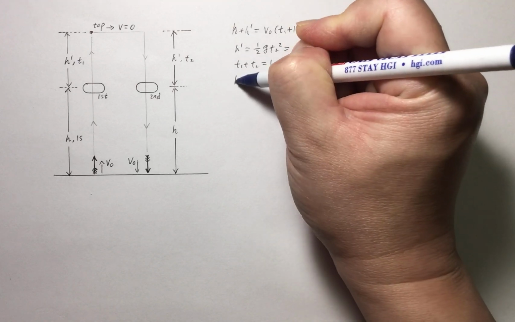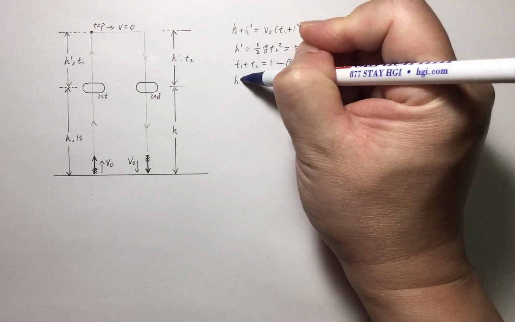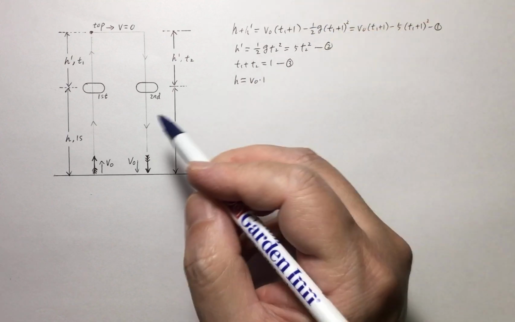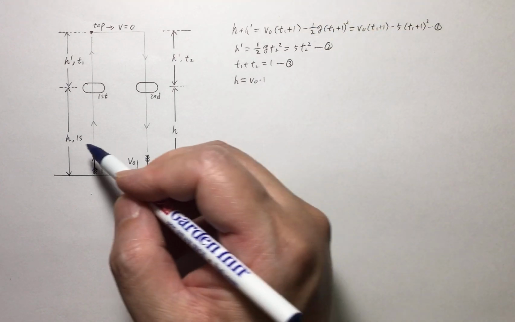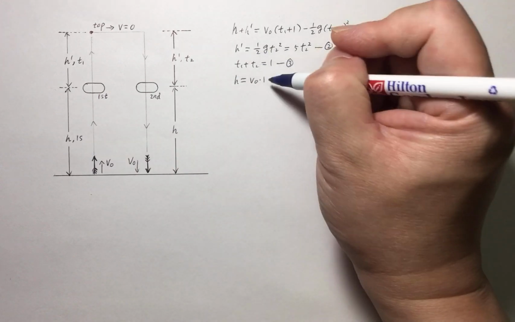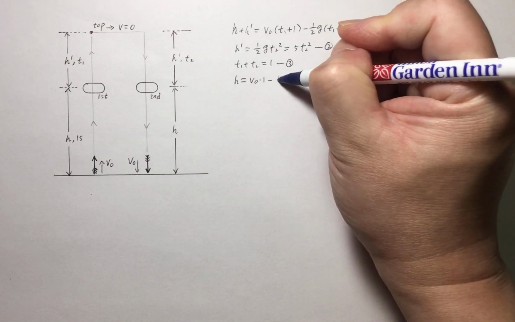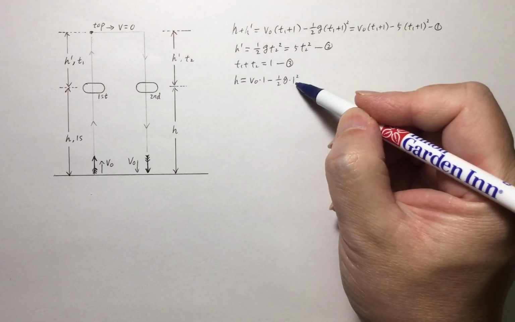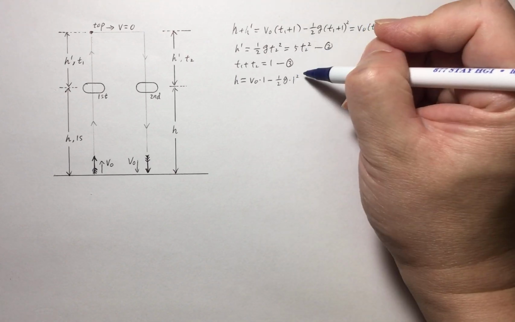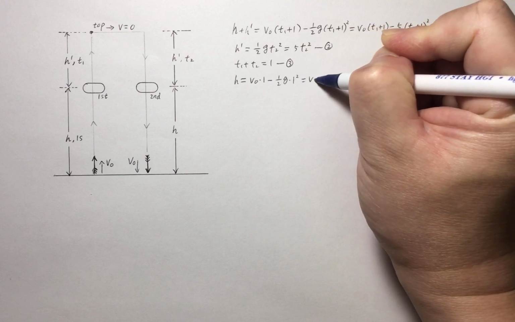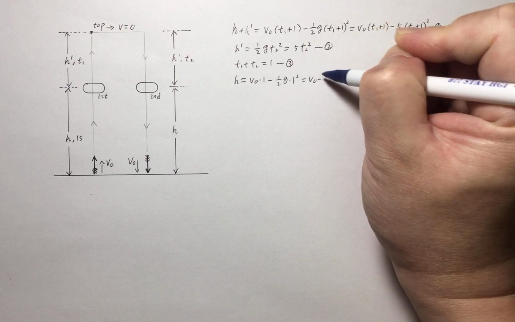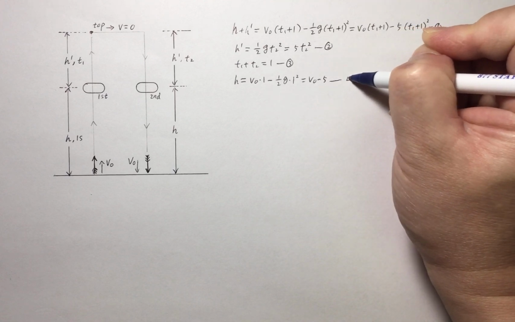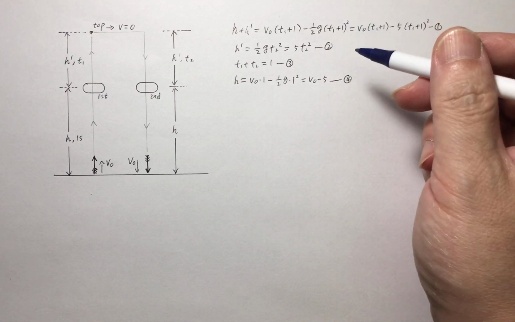So h is v0 multiplied by 1, because there's only 1 second, then minus half g times 1 second squared. So that equals v0 minus 5. That's equation 4.